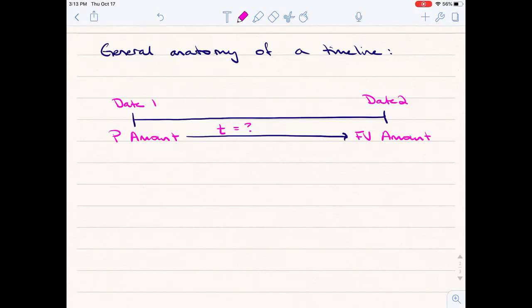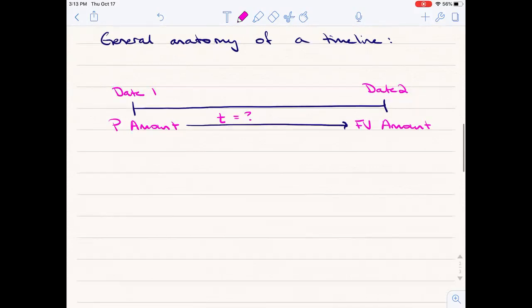And so you want to have the time in years. It might be days divided by 365, right? Or months divided by 12. But you're going to put that there. Or if you're solving for t, you can just say t equals question mark, but all the other pieces have to be filled in, right? Except for date 1 and date 2, you might not know those, right? If you're solving for time.